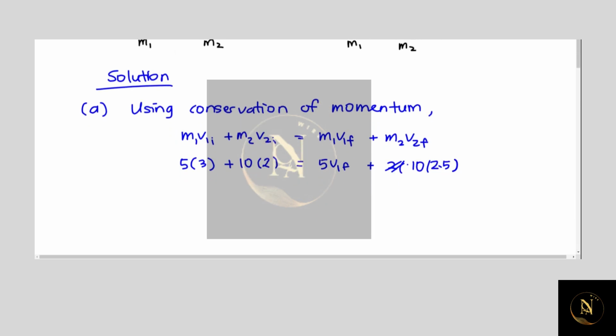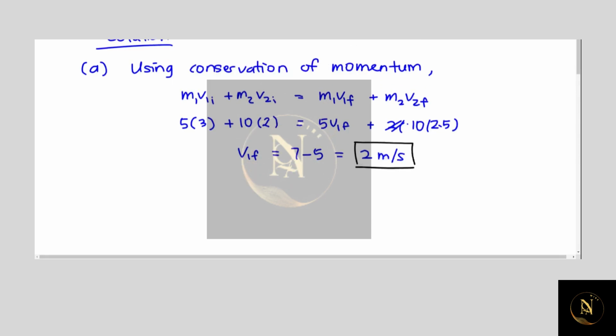Then you rearrange. You can divide by 5 throughout, and you get V1F to be 7 minus 5, which is 2 meters per second. So this is the final velocity of the 5 kg block.